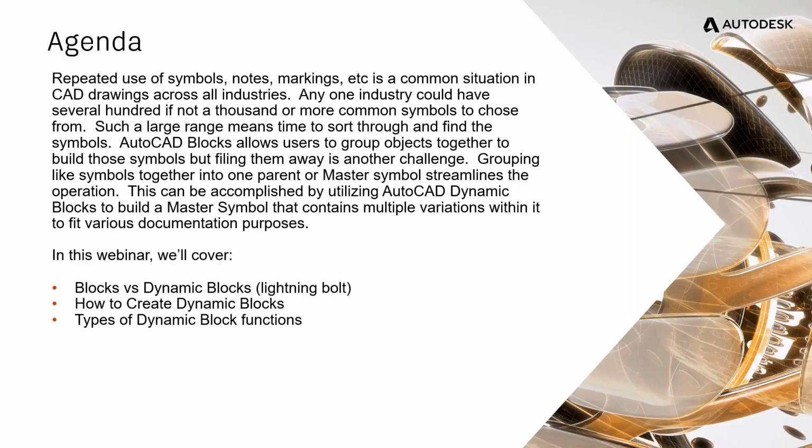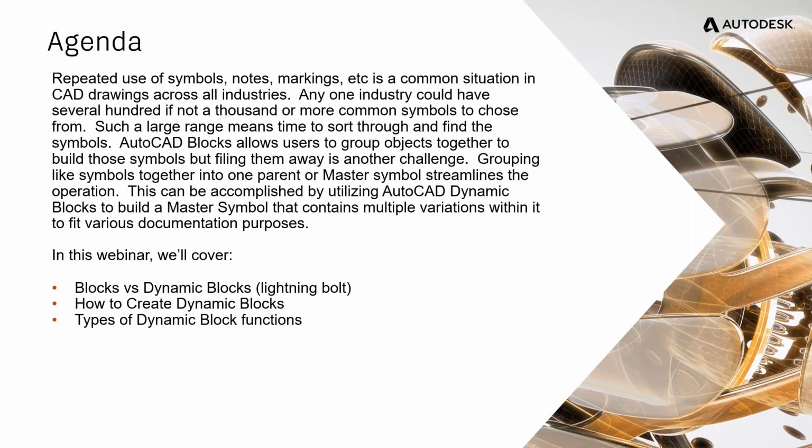So the agenda for today: when you're working on a drawing, and you've got a lot of symbols to work with, a lot of geometry to work with, of course, step one is simplify that geometry as best you can so it's one selection. So you're going to convert it into a block, select that block object, copy it, move it around, rotate it, what have you.